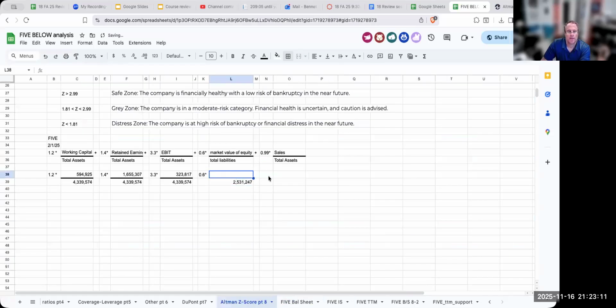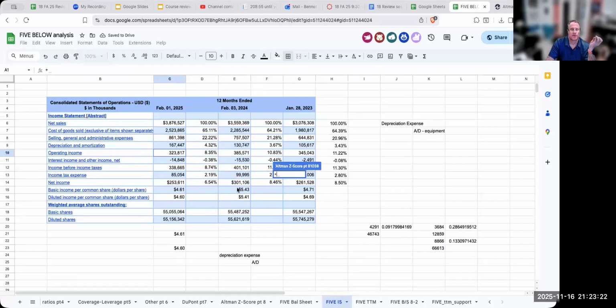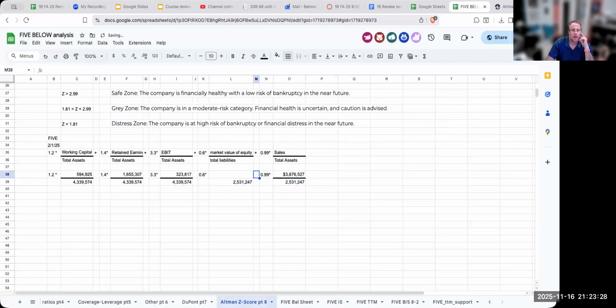Then we've got our sales, and we're going to keep this in line with just our total assets, not average total assets. Let's put in our sales, and then we'll do the last component, the market value of the equity.